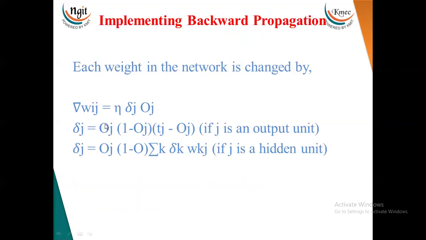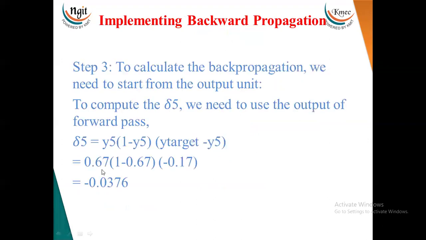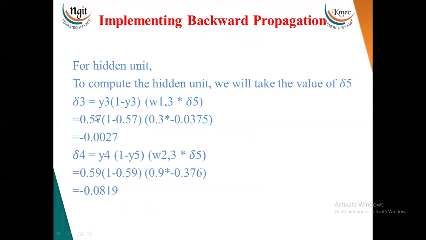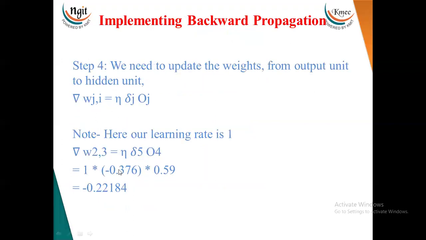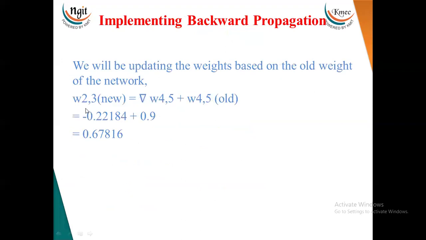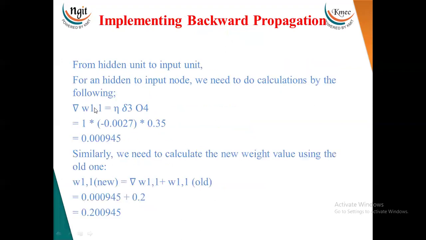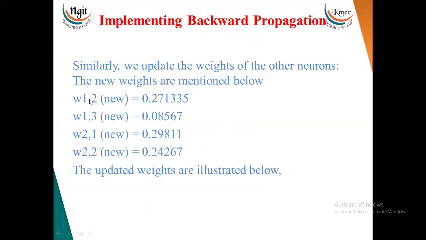In order to reduce the error for all Wij, this is for the output unit, this is for the hidden unit, I calculated this delta j for all the required weights. So these are delta 5, delta 3, delta 4. Then I updated the weights, from 2 to 3, from 1 to 1, and finally I got all the new weights.